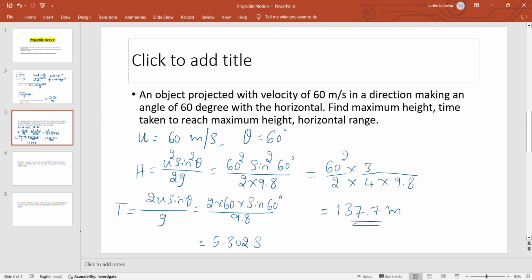And the third point we are finding here is the range. Range of the projectile means the horizontal distance covered by the projectile.